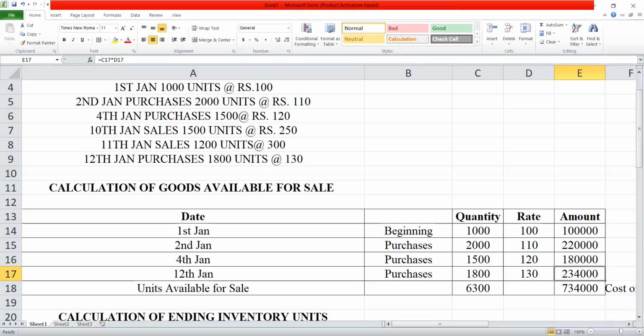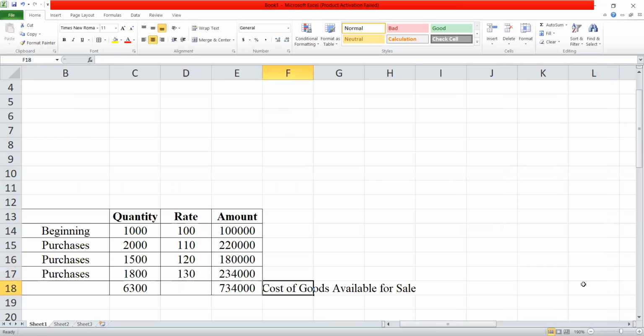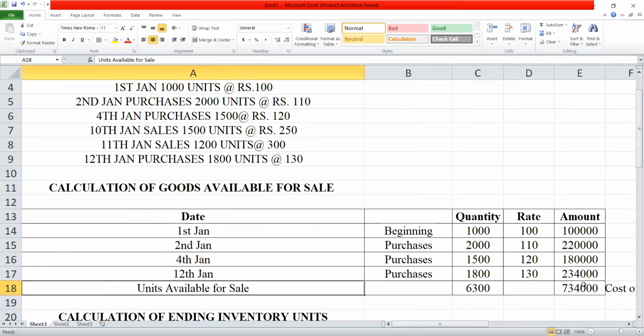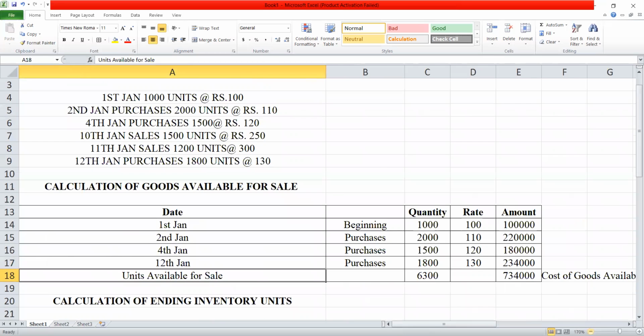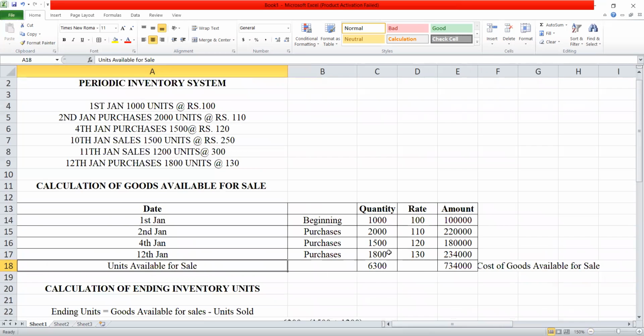At last you sum up all the quantities and you get the units available for sale. When you add up each amount, the value you get is the cost of goods available for sale. This is the first step under the periodic inventory system. So 6300 is the units available for sale, and 7 lakh 34,000 is the cost of goods available for sale.